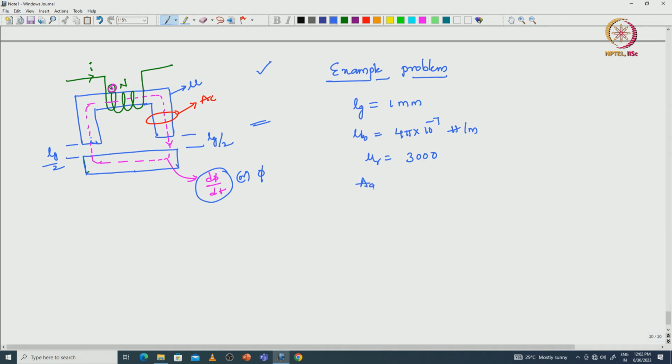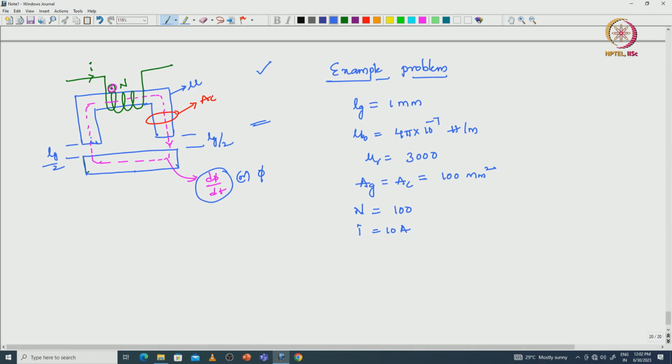The cross sectional area of the air gap and the core is equal to 100 mm square, the number of turns is equal to 100, and the current flowing through the coil I is equal to 10 amperes.